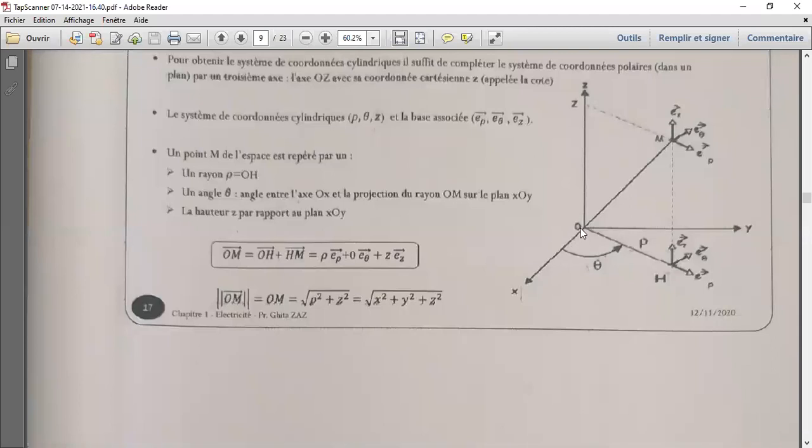So for me to have this point M, there has to be a movement. When H is moving here, is opening here, it means there's also a point here on Z which is moving.